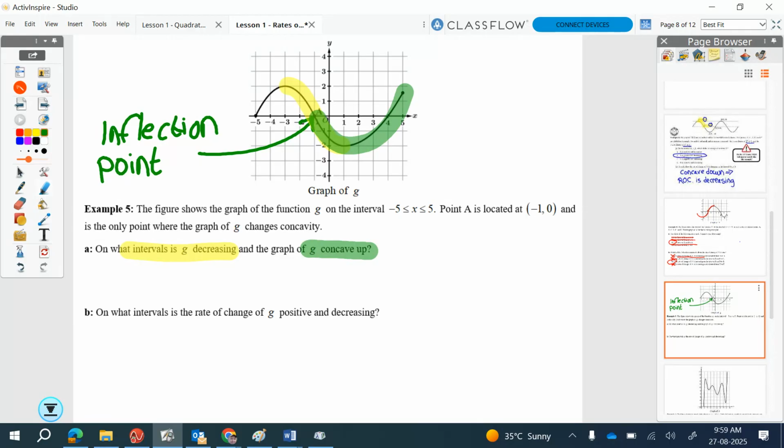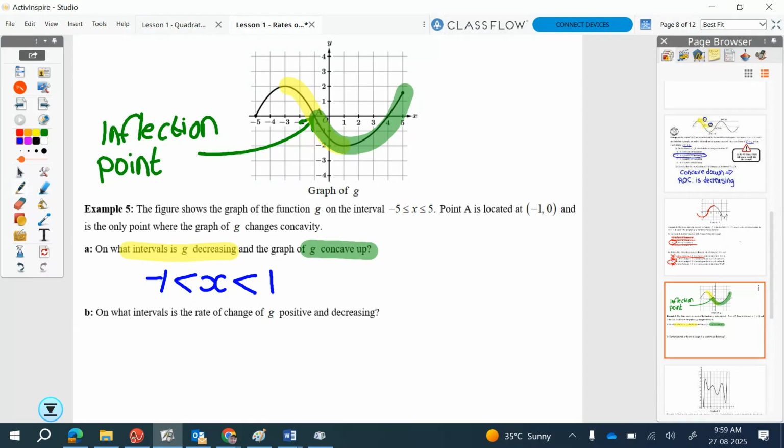So in these two intervals, it's going to be decreasing and concave up. We need both. So the two intervals overlap in the period from -1 to +1. From there to there.